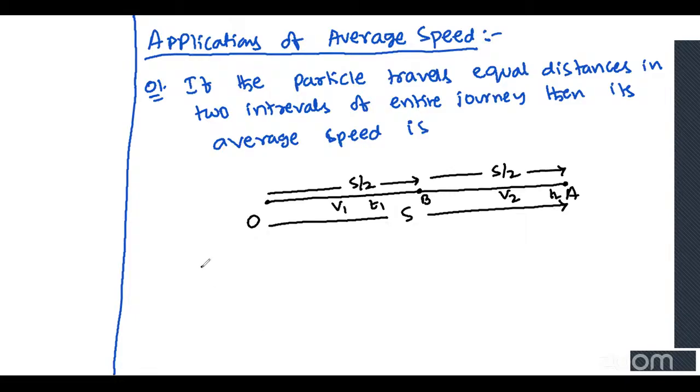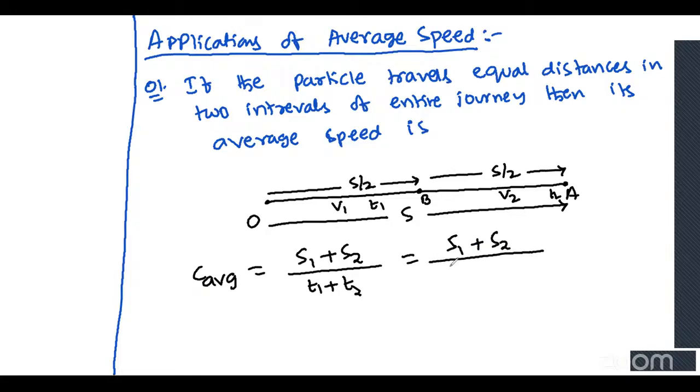So average speed I can write as S1 plus S2 by T1 plus T2. Here I know distance and velocity, so I replace time as distance by speed.